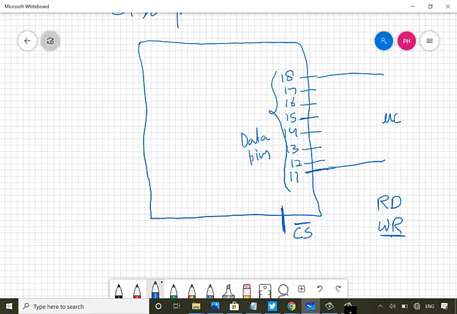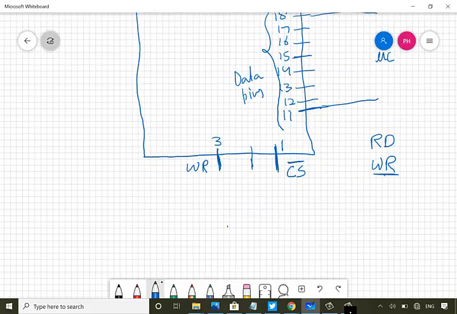First I will discuss write. In ADC 0804, write is pin number 3. This is an active low input, and it is used to inform the ADC 0804 to start the conversion.